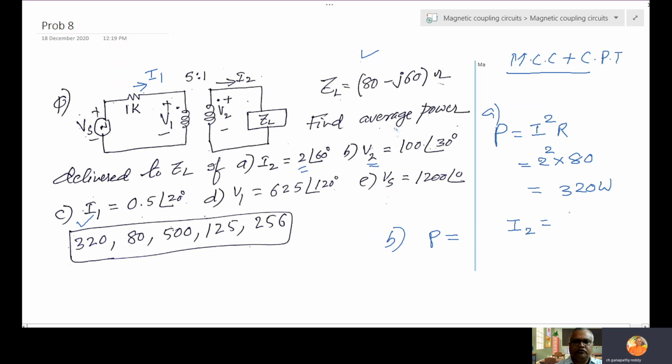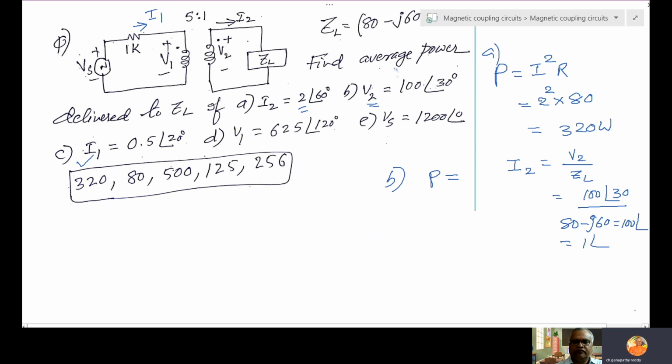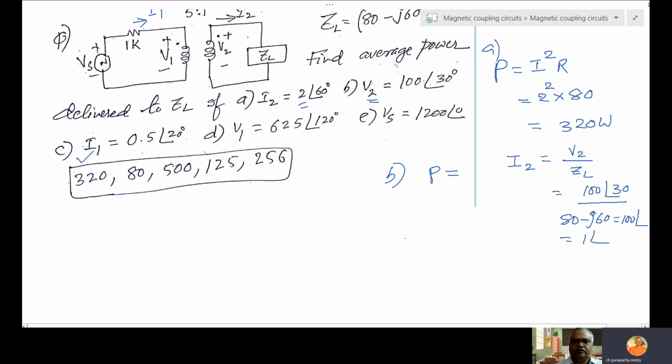V2 given is 100 angle 30, and ZL, 80 minus j60, is also 100 of some angle. So it will be 1 angle something. Then the power P is I square into 80, 1 square into 80, is 80 watts.